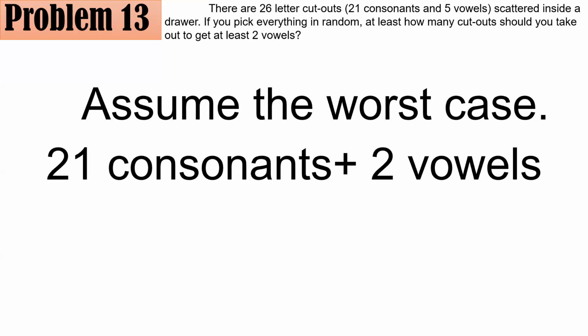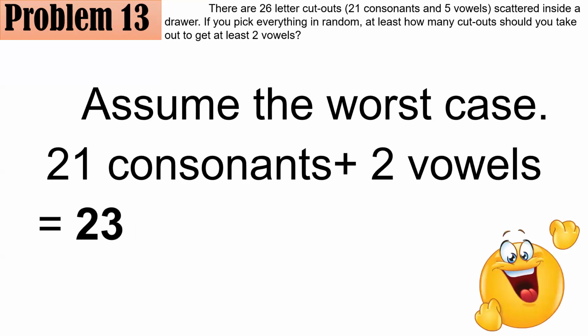So 21 plus 2, that gives us 23. Hence, you have to get at least 23 cutouts to make sure that there will be at least 2 vowels. Okay? It means that you could have 2 vowels, 3 vowels, but just to be sure, to have 2, you have to get 23. Okay, so far, so good.